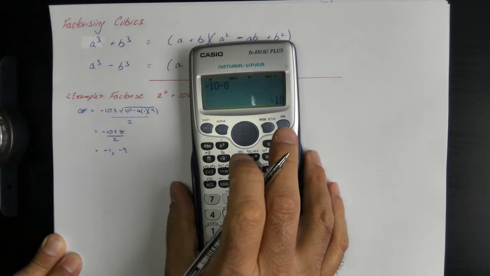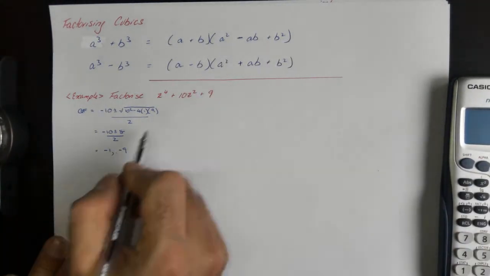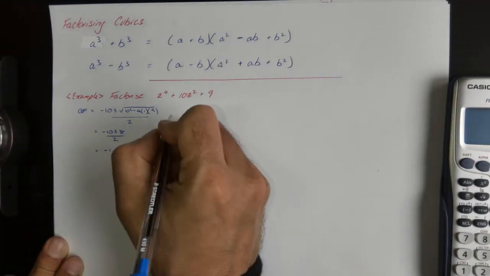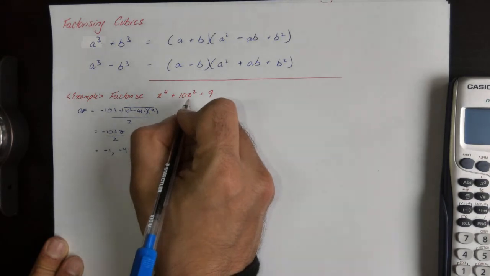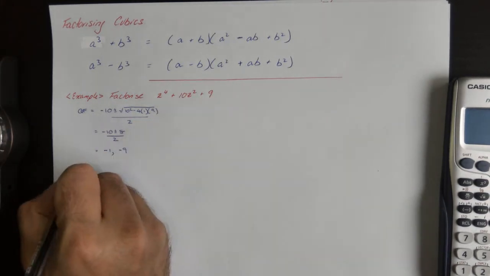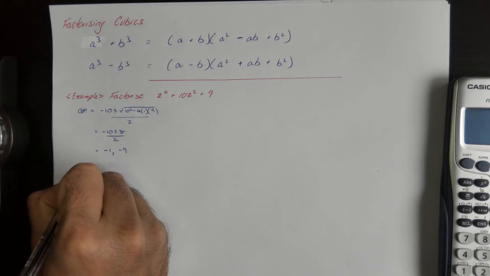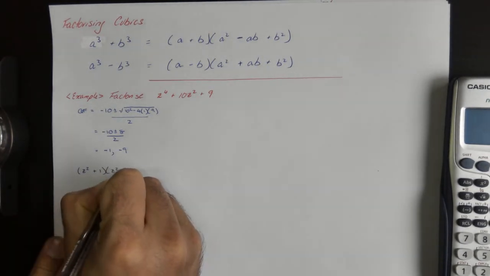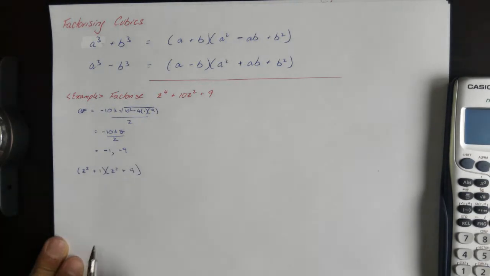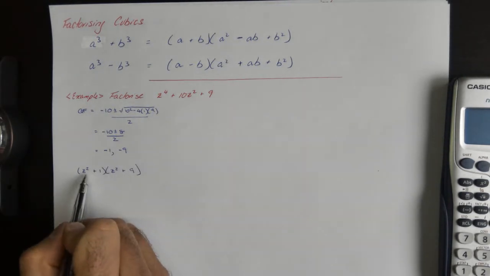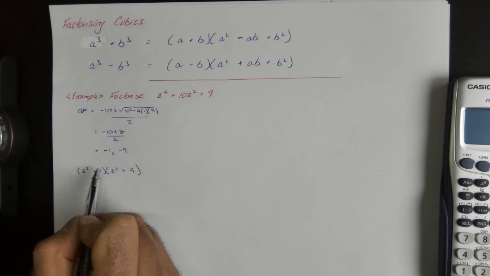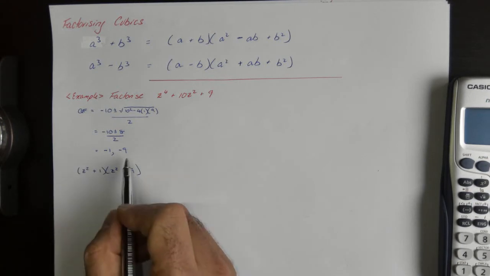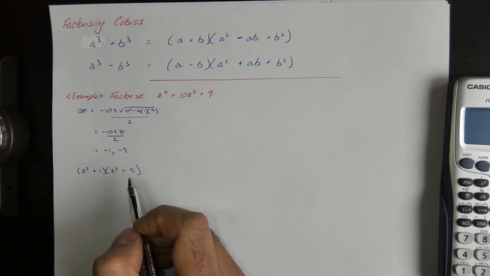These are my roots for this. So that means this would be z squared plus 1 and z squared plus 9. Because if I had negative 1, it turns out to be 0, and if I had negative 9, it would turn out to be 0 as well.